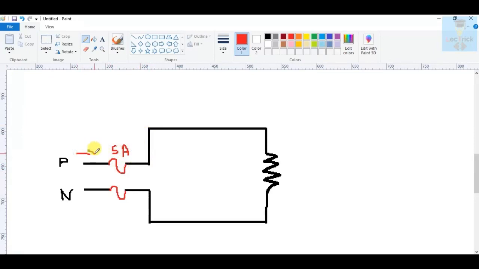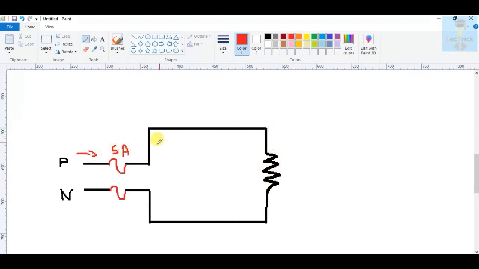According to the resistance of the appliances, they will draw current from the source. If it is 5 amps, the fuse will carry it and it will flow to the appliances or any circuit. When is it more than 5 amps?